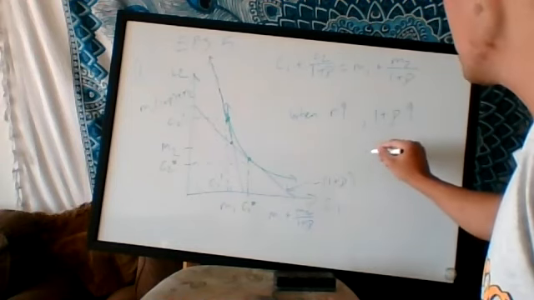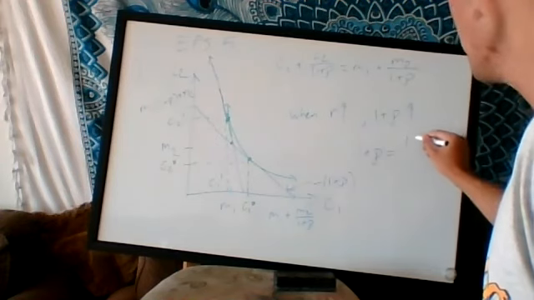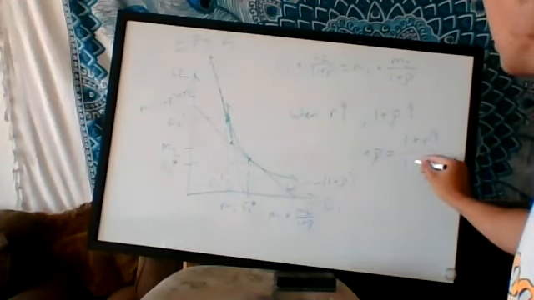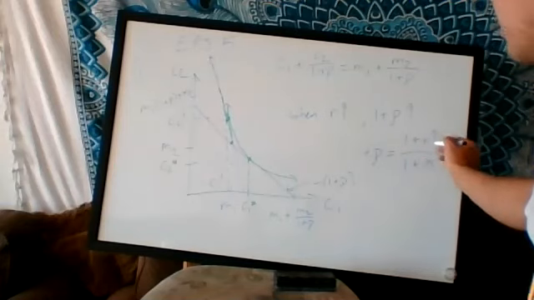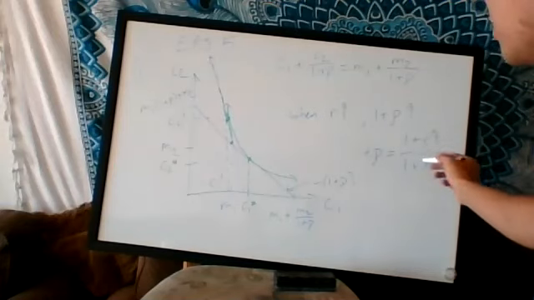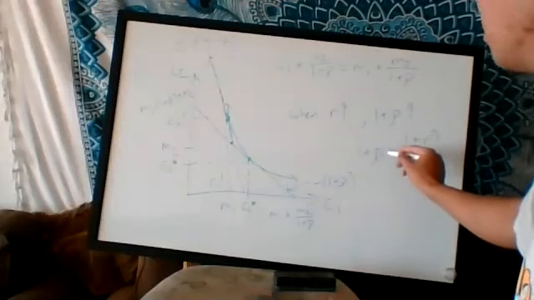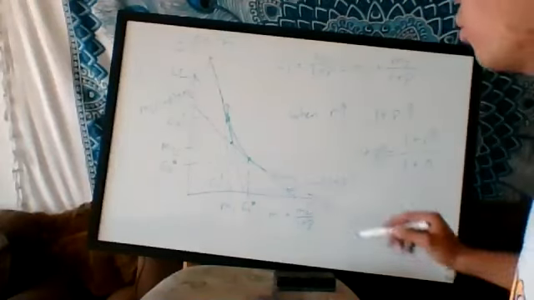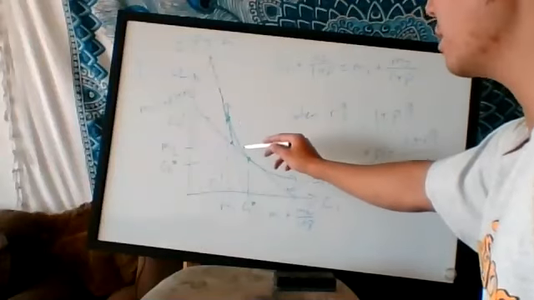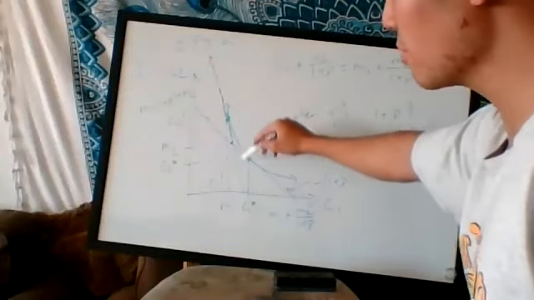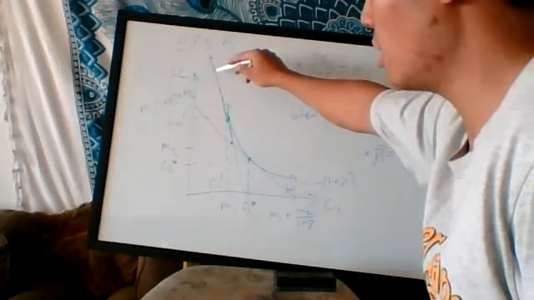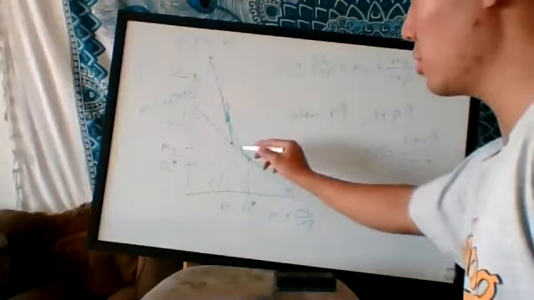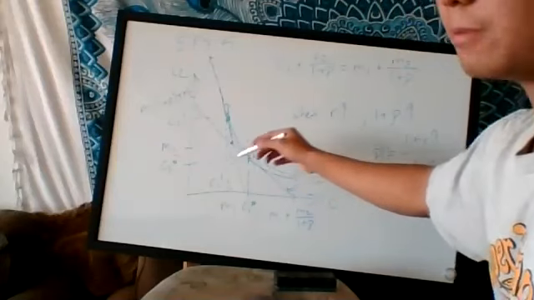So when 1 plus R, so when R increases, that means that the numerator of this fraction is going to increase, meaning that 1 plus rho also increases. And so when 1 plus rho increases, that means that the slope is going to pivot. So notice that we're pivoting around the endowment point.